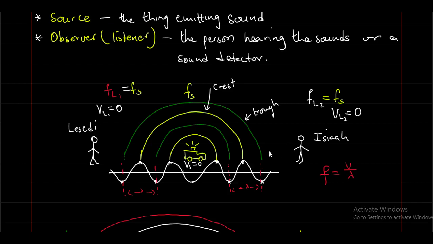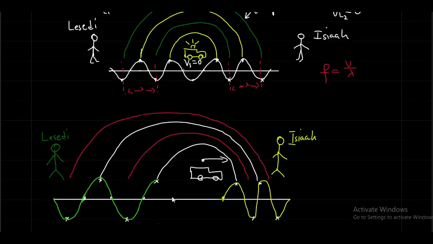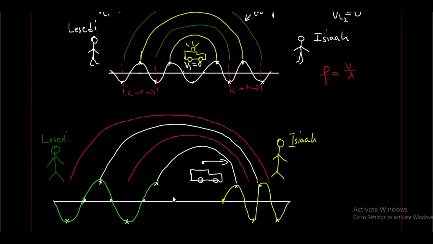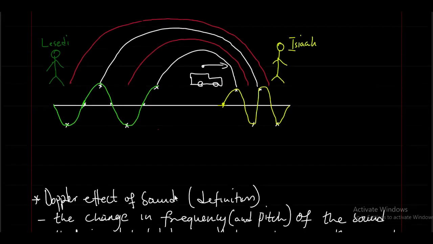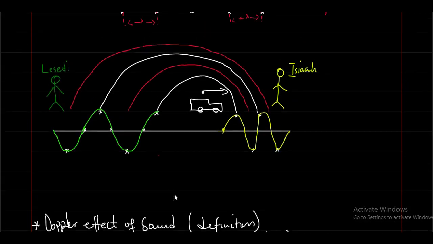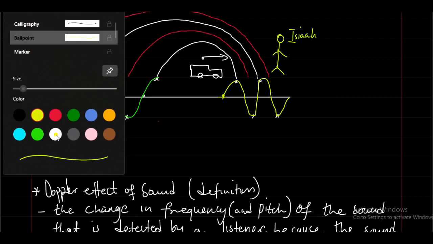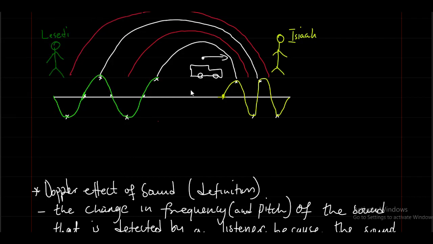But as soon as the traffic light turns green, the ambulance starts moving, right? So the ambulance will move away from Lesedi and move towards Isaiah. Now we'll have something different. You will notice that our ambulance is moving at a constant velocity v.